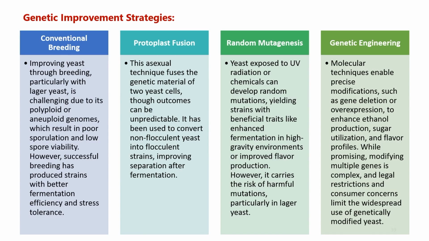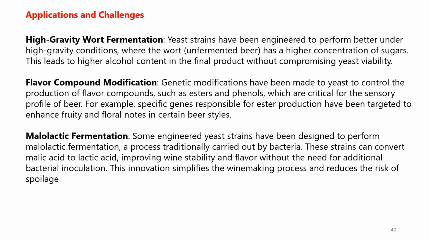Then we have genetic engineering strategies, where molecular techniques enable precise modifications such as gene deletion or overexpression to enhance alcohol production, sugar utilization and flavor profiles. While promising, modifying multiple genes is complex, and legal restrictions and consumer concerns limit the widespread use of genetically modified yeast for alcoholic beverage production.